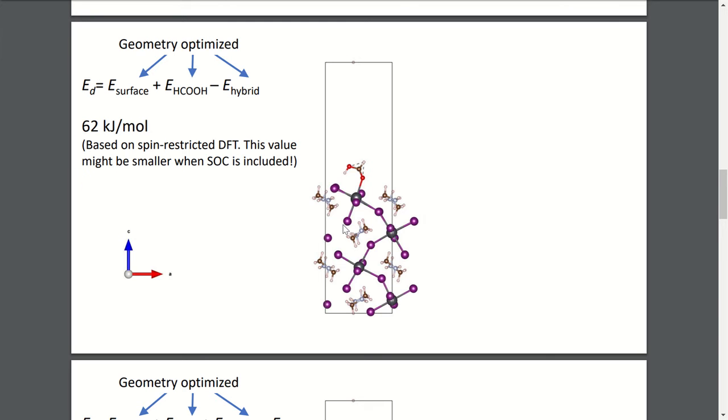Did you try different adsorption sites? Not really, but I guess this one is reasonable because what other adsorption site can you think of? But you have 20 different adsorption sites on that surface, right?